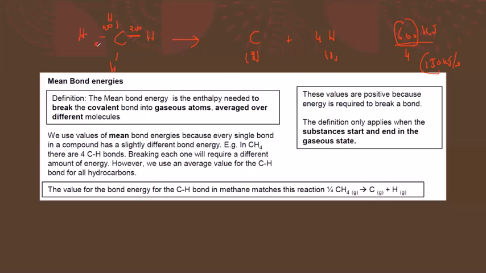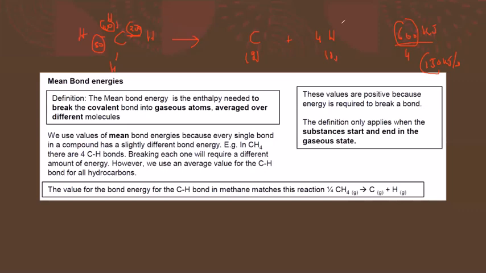To break the third bond, we need 50, and so on. Even when you're breaking identical bonds, you need different amounts of energy, because the stability of the molecule decreases as the number of broken bonds increases. So to break the first bond, we need a relatively greater amount of energy.